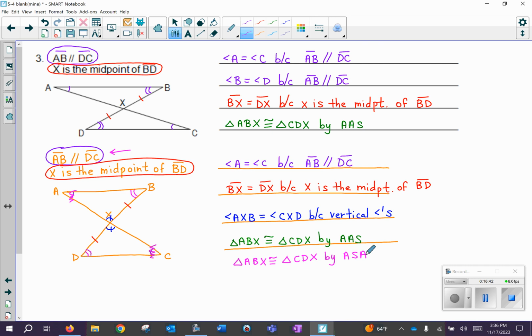Here's the biggest thing you take away from this. One, you can have different answers and both be correct. However, here's what does not make sense. I want your markings in your picture to go with your proof. Okay, so you literally should have only 3 things marked in your picture. They should go with your 3 statements.